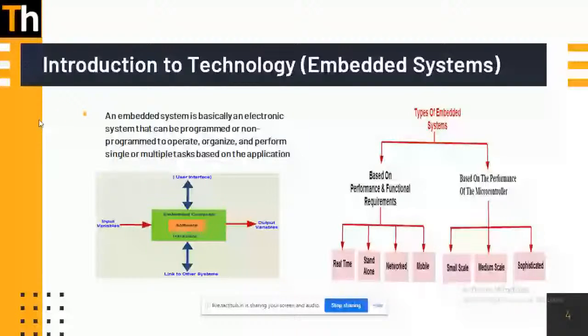Introduction to technology. I'm directly addressing the embedded system. The way of delivering this lecture is that I will introduce a slide, and through that slide I will elaborate the various concepts and how vast this field is.